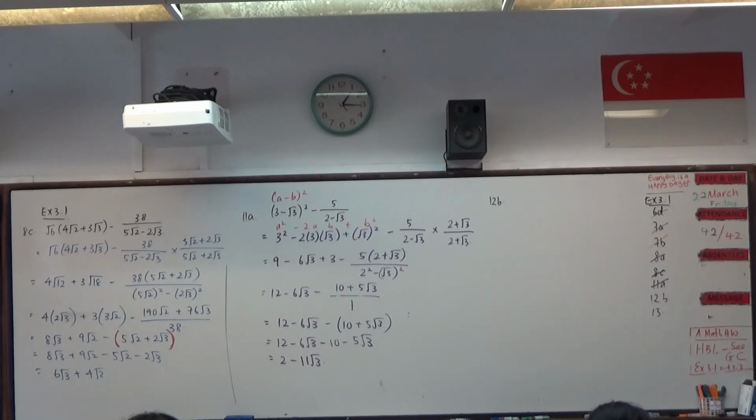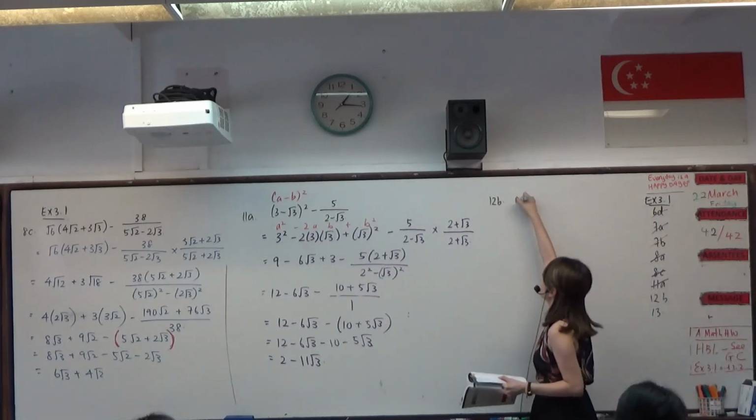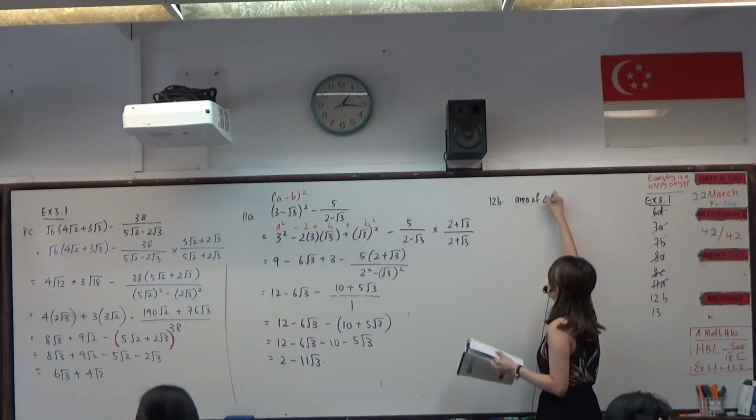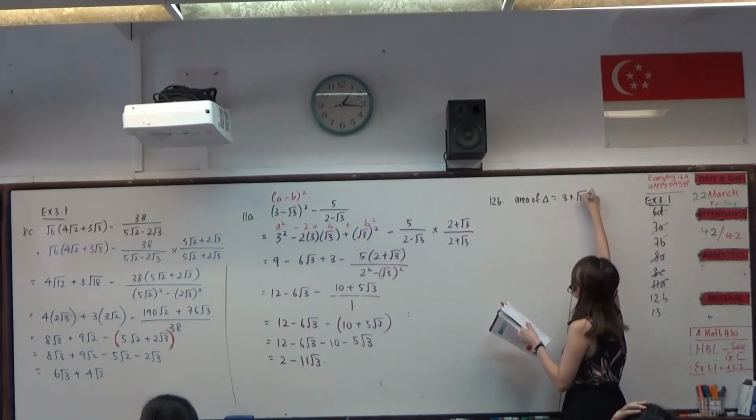Okay, we look at 12b. So that's the question found in your textbook, page 58, if you want to read it. It says that the triangle ABC is such that its area is 3 plus root 15 cm squared. So this is what we're given.